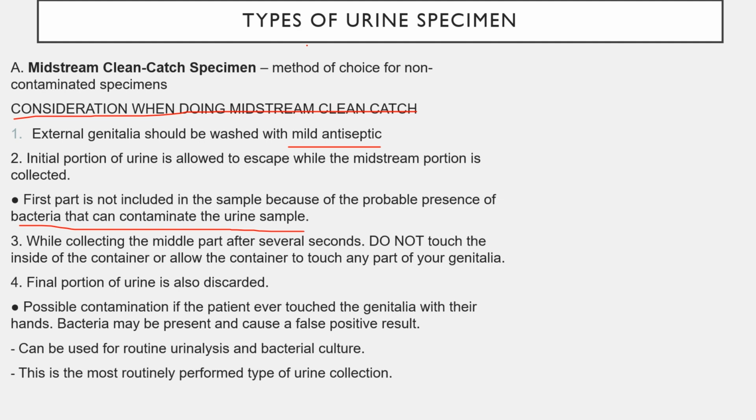That is also the reason why the last part is voided into the toilet bowl. There's a possibility that you could contaminate the sample. This is routinely used for urinalysis and bacterial culture. It is the most routinely performed type of urine collection.